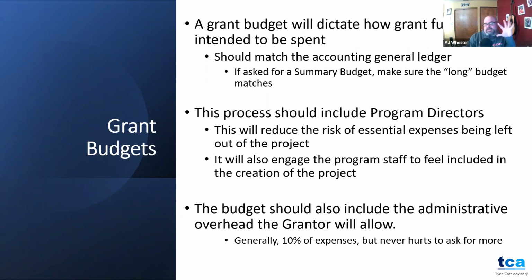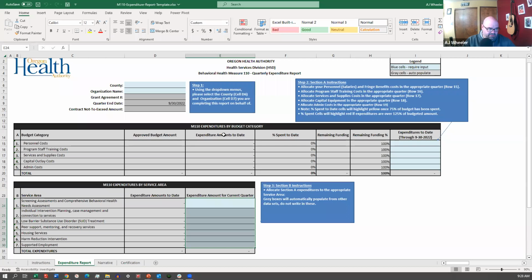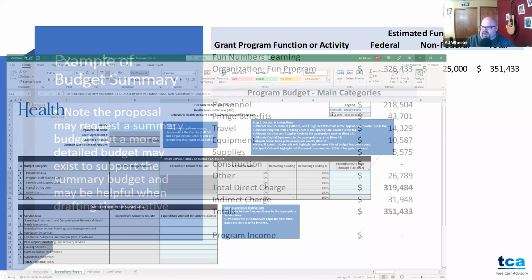So let's get into an example of what a budget summary looks like. I made this before the 110 Excel reporting was issued, but this is very similar to what you would see on that nonprofit Oregon Health Authority form, where it's personnel costs, and it's very truncated reporting on how much the approved budget amount is and how much the expenditures to date are.